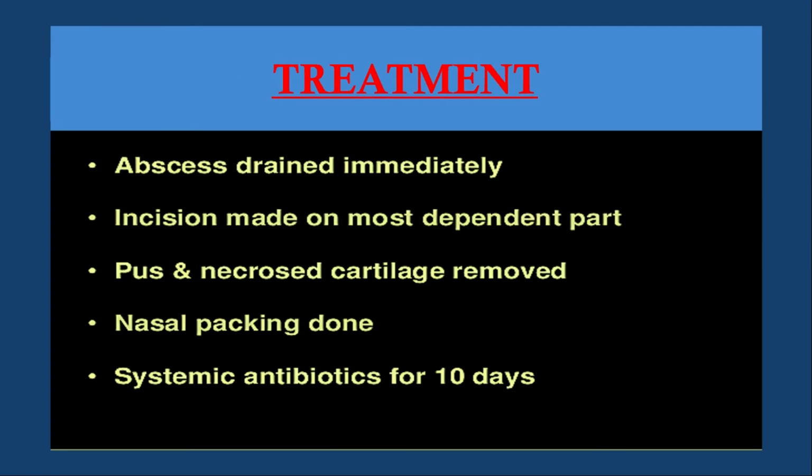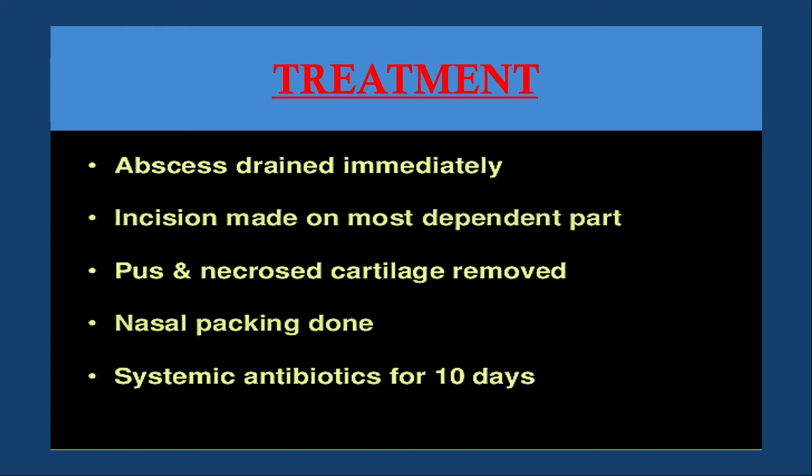Treatment of a septal abscess: the abscess is drained immediately, because there is a rule, wherever there is pus, it must be drained. An incision is made on the most dependent part of the nasal septum having this abscess, with pus and necrosed cartilage removed.